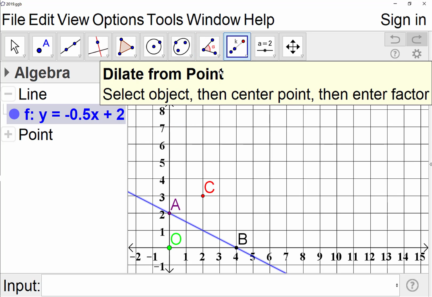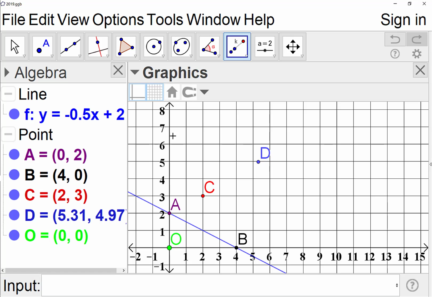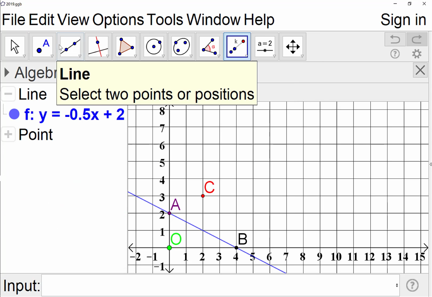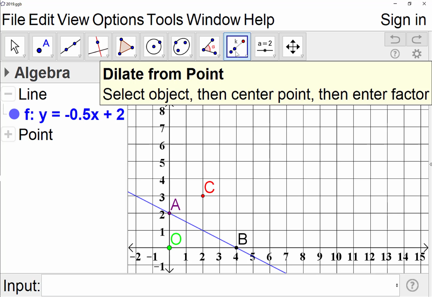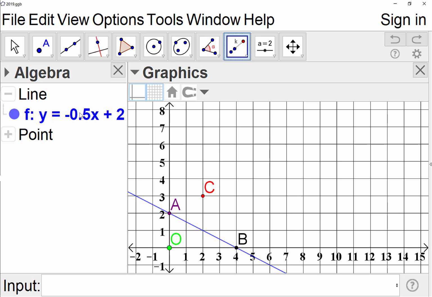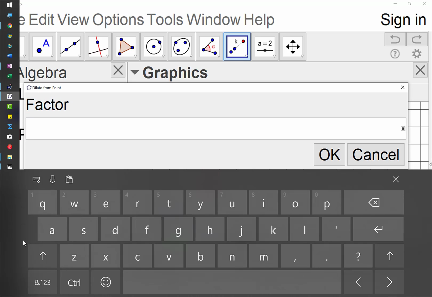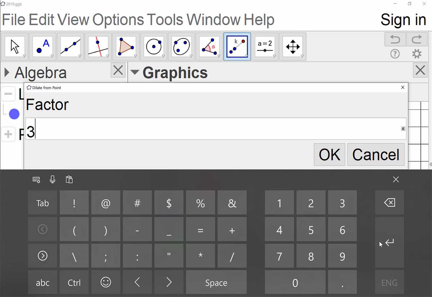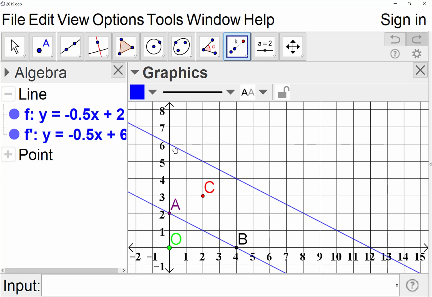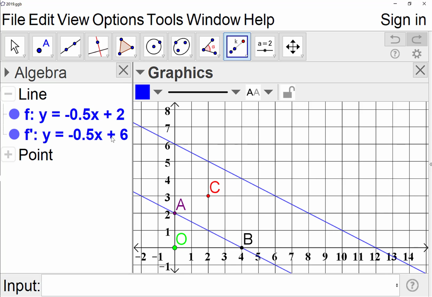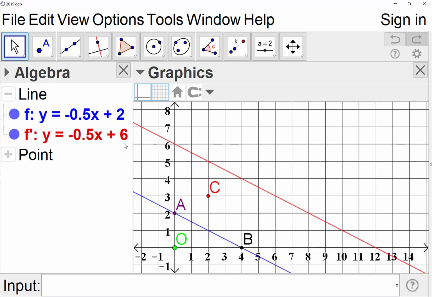And if I dilate this line about the origin, with a scale factor of 3, there's the new line, and I'll color it red. And you can see the slopes stay the same, but the y-intercept changes, gets multiplied by the scale factor.